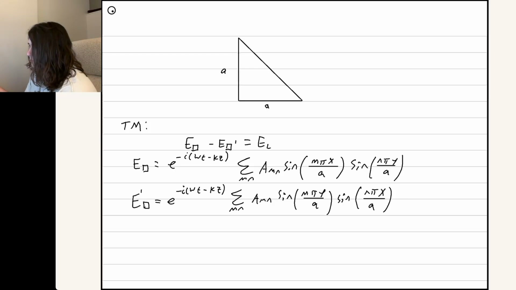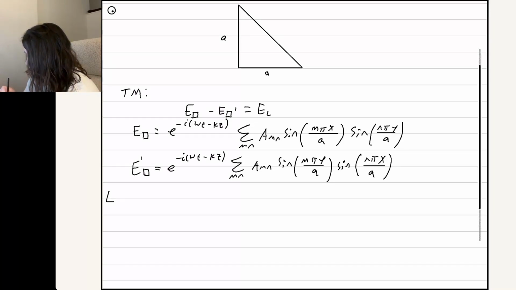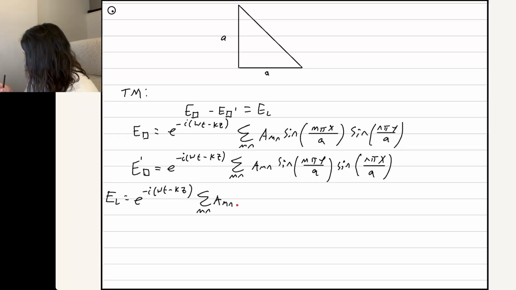And so using our little relation up top, we find that the longitudinal electric field in this triangular waveguide will look like e to the minus i omega t minus kz, sum over m and n of a m n, and then all of this stuff in here. I'm actually going to write it on a separate line because this is going to get annoying really quickly.